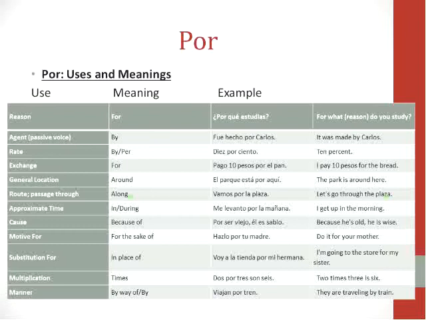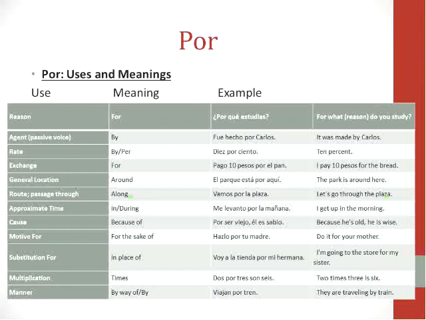Because he is old, he is wise. Por ser viejo, because of, a better translation into English. You also use por when you want to say for the sake of, as in this expression. Hazlo por tu madre. Do it for your mother, for the sake of, or in order to please her.